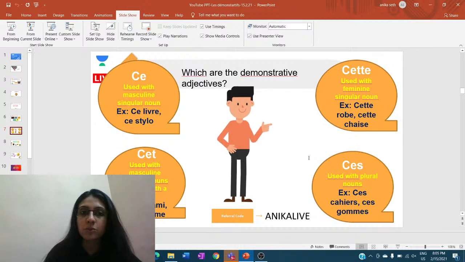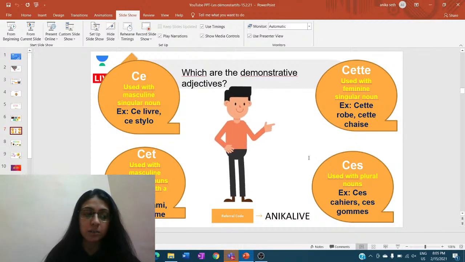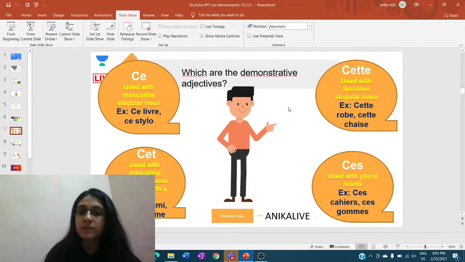Now we come to the forms of the demonstrative adjectives. There are four demonstrative adjectives: ce, cette, ces, and cet.